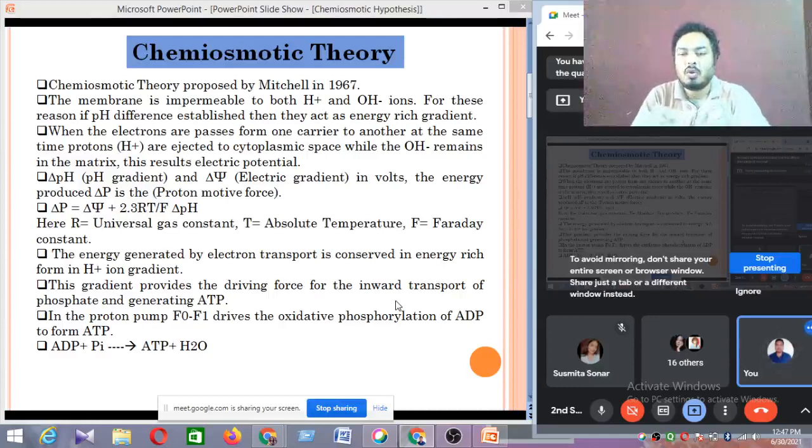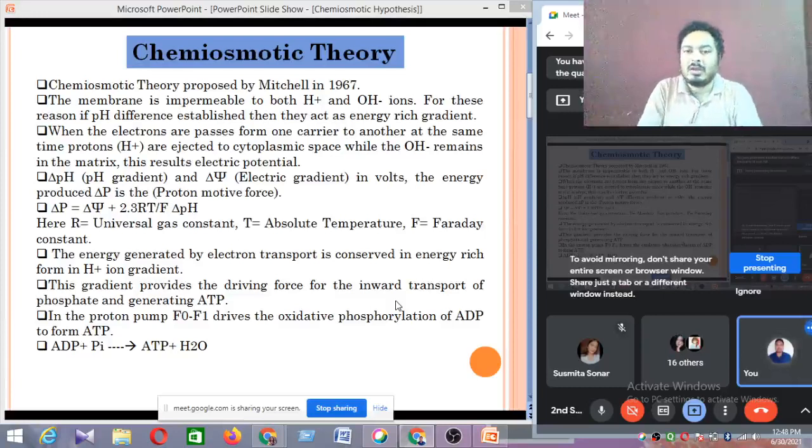That's why all the H plus molecules moving from the matrix to the cytoplasmic space become energy rich molecules.